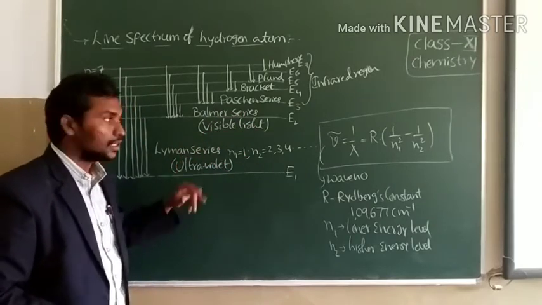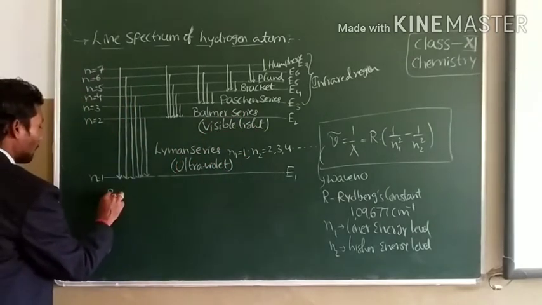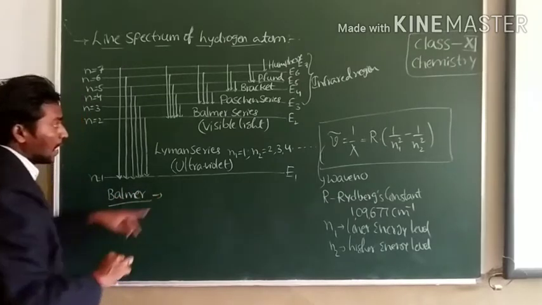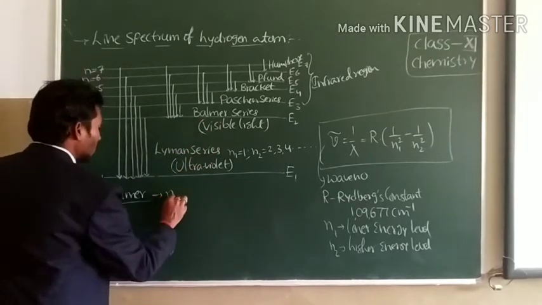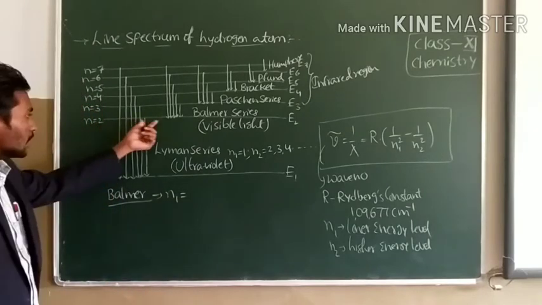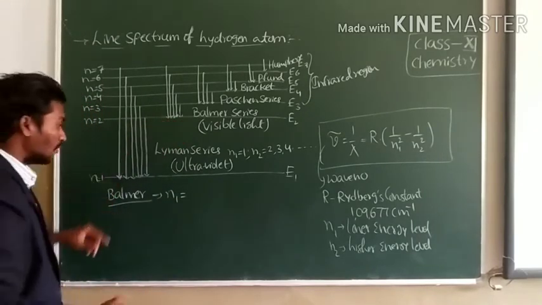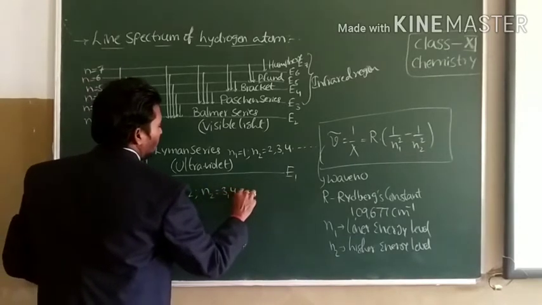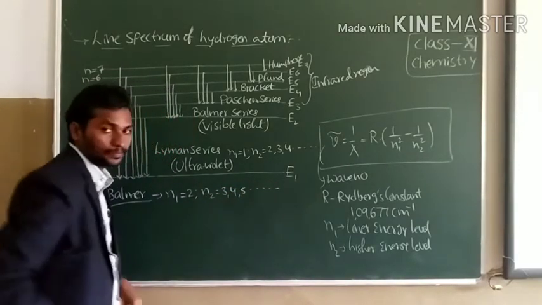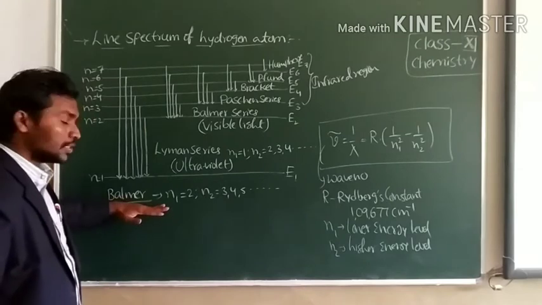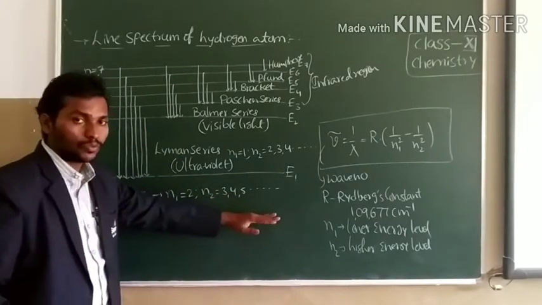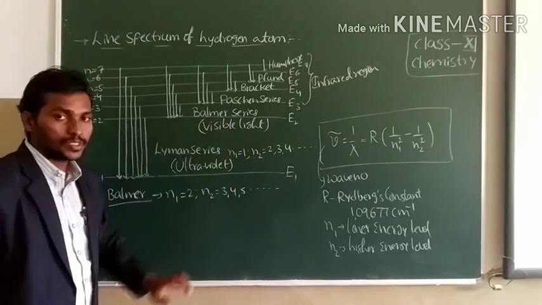Balmer series: the n1 value is 2 because we observe the Balmer series in the second energy level. That's why the n1 value is 2 here. n2 values are 3, 4, 5 and so on. We observe the Balmer series in visible light.